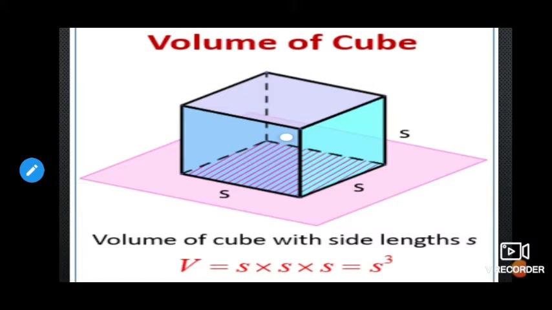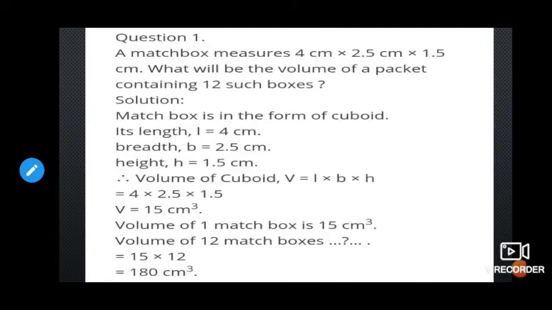Now we will see the exercise related to the volume of the cuboid and the cube, that is 13.5. The first one: a matchbox measures 4 centimeter, 2.5 centimeter, 1.5 centimeter. What will be the volume of the packet containing 12 such boxes?